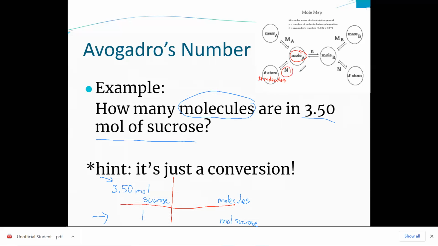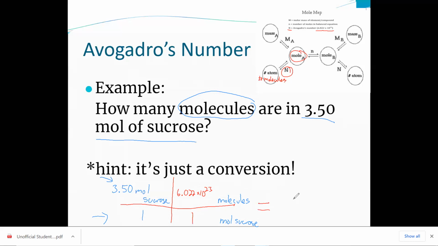And you're going to use that big N number, 6.022 times 10 to the 23rd power. So our conversion factor is for every 1 mole of any particular substance, there are 6.022 times 10 to the 23rd power molecules in it.